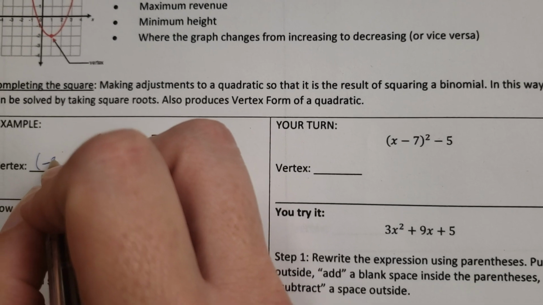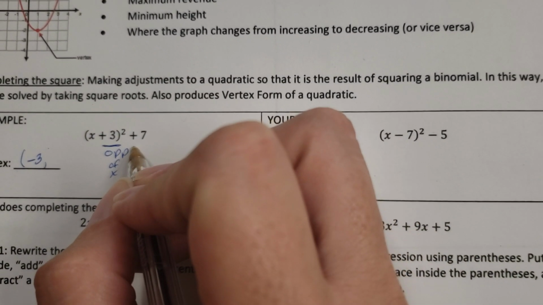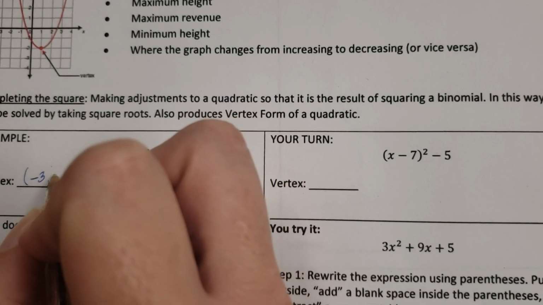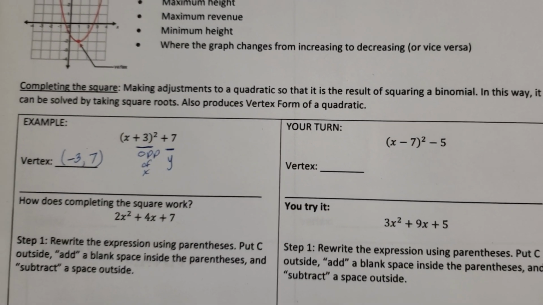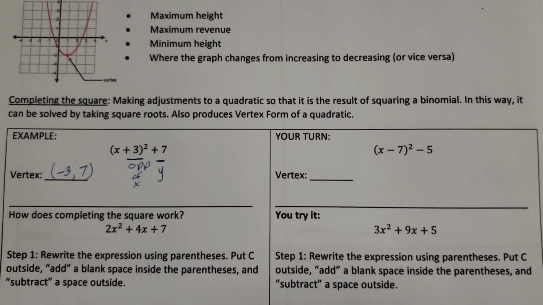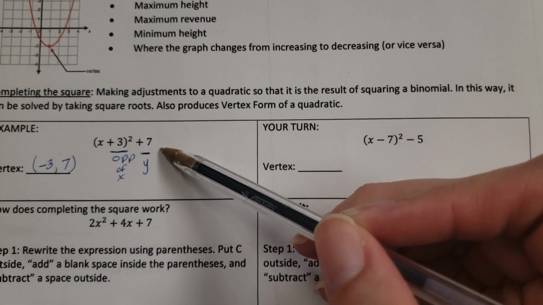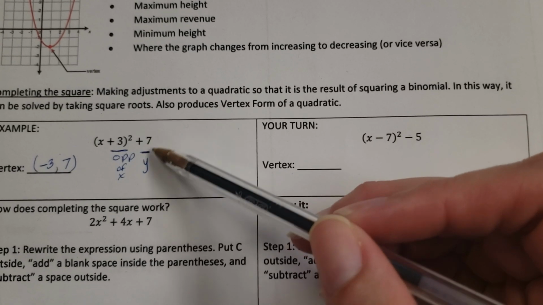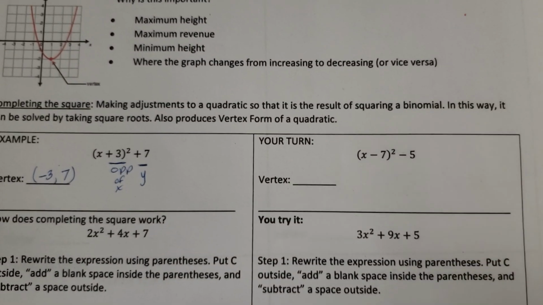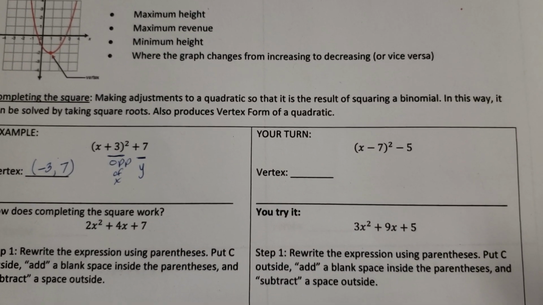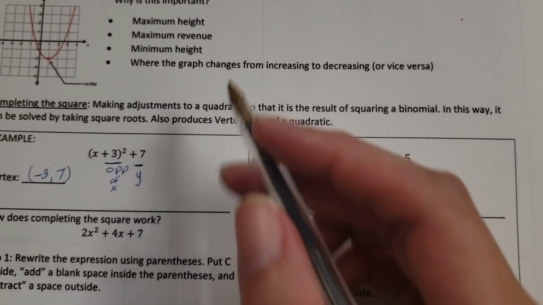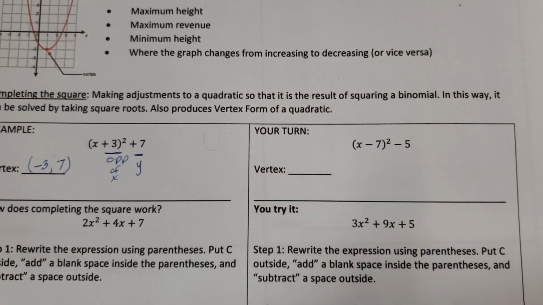My x coordinate is going to be -3. This number right here is just the y coordinate. So if I was asked to find the maximum of the graph represented by this function or this expression, I could just say, well, the maximum is y = 7. Or in this case, it'd be the minimum, because this parabola would open upward.